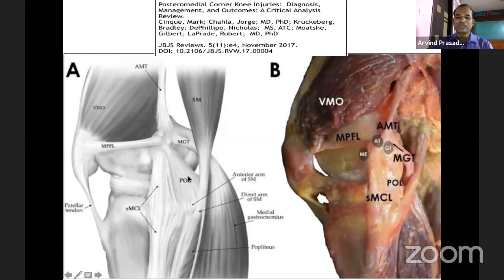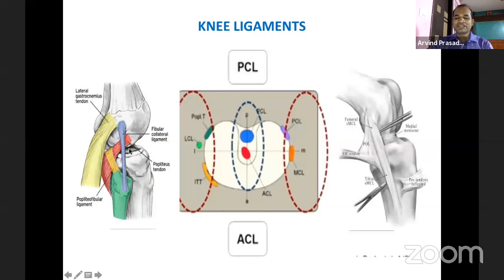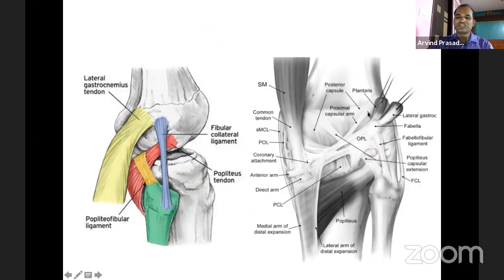And the posterior oblique ligament attaches over the proximal part of the tibia, just near the semimembranosus tendon. Similarly, on the lateral side, there is the IT band, which attaches over Gerdy's tubercle, then the fibular collateral ligament, then the popliteus and the popliteofibular ligament. And this is the posterior part of the posterolateral corner.